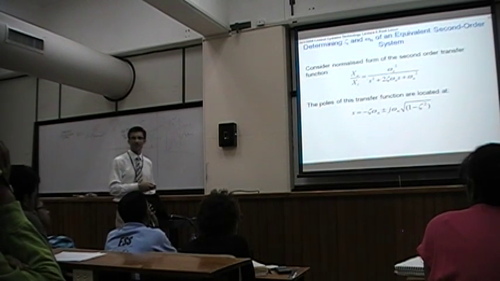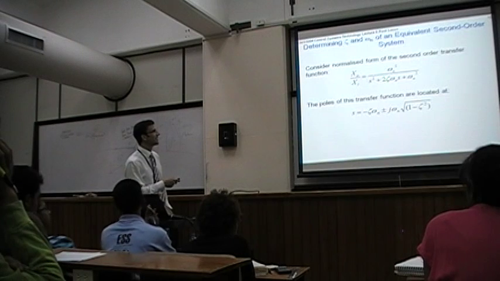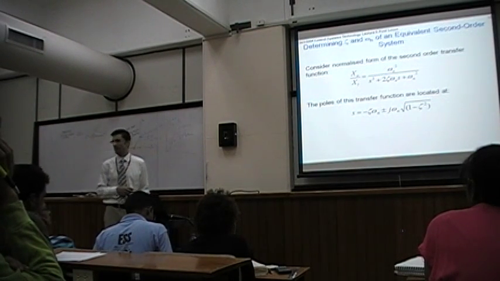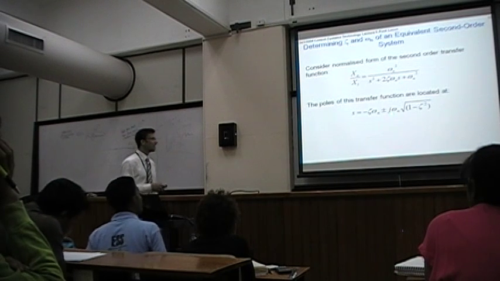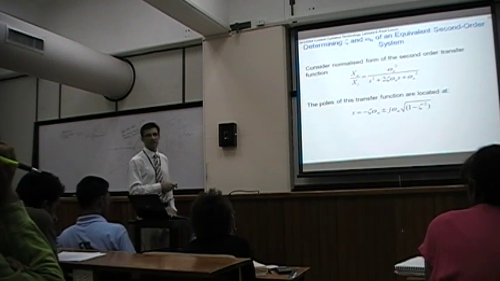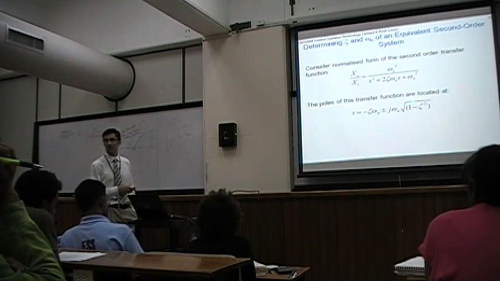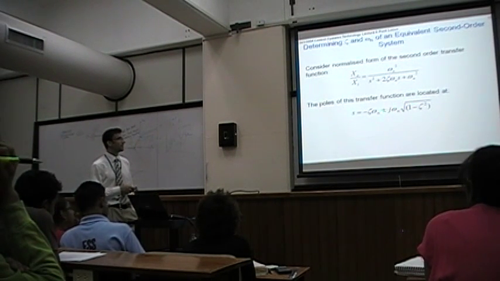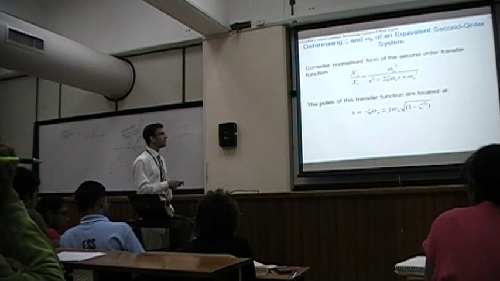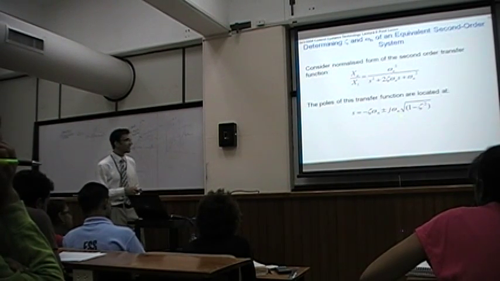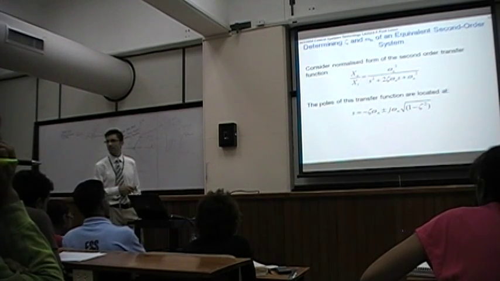Right, that's our quadratic rule. If we plug these coefficients into that rule, this will be the solution we get for s. Note that it's potentially or likely to be a complex number. We've got a j here. So we've got a real part, which is minus zeta omega n, and an imaginary part, which is omega n root 1 minus zeta squared.